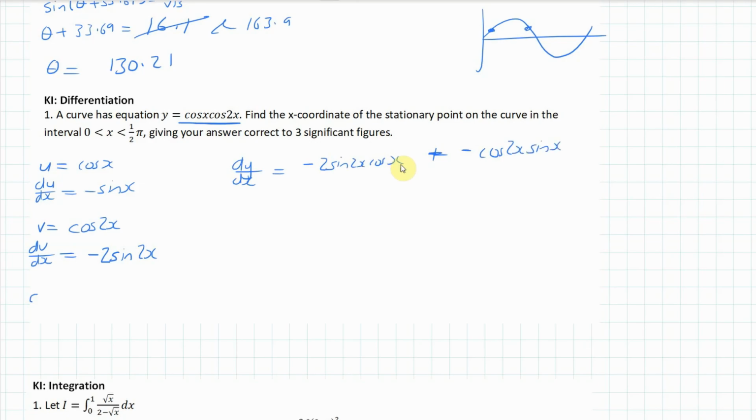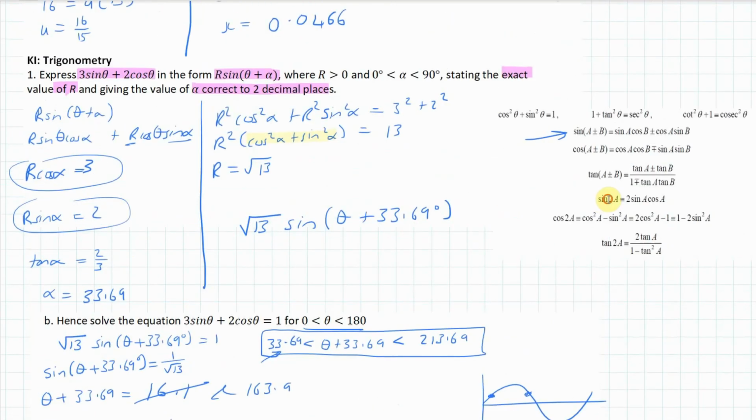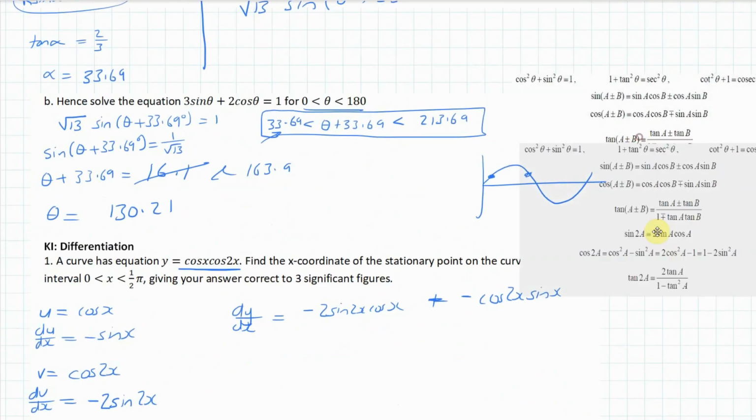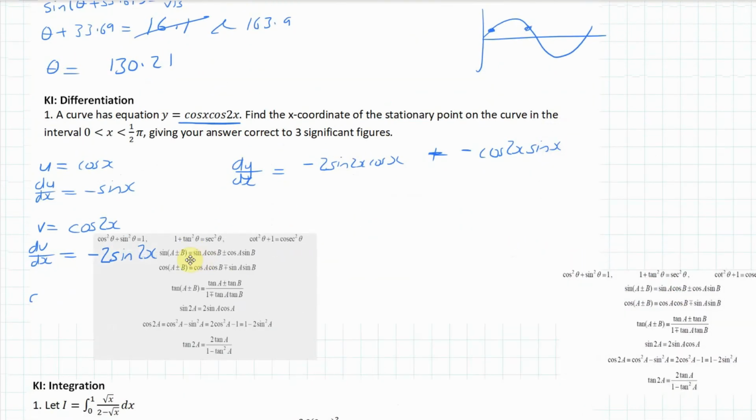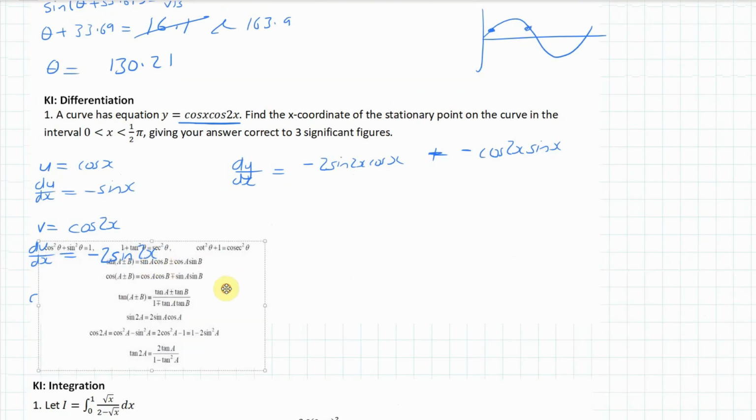And probably what we want to do at this point, I suspect, is use the double angle rule to help us out. We want to find the coordinates of the stationary point of the curve. So we know that the gradient is 0.